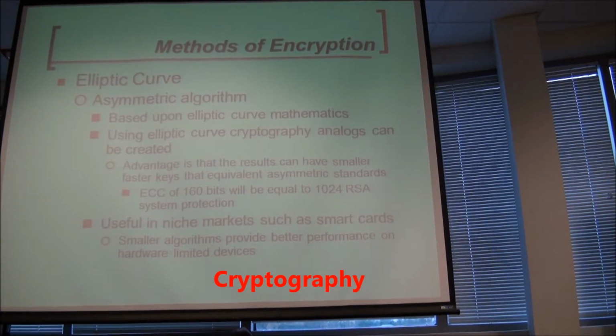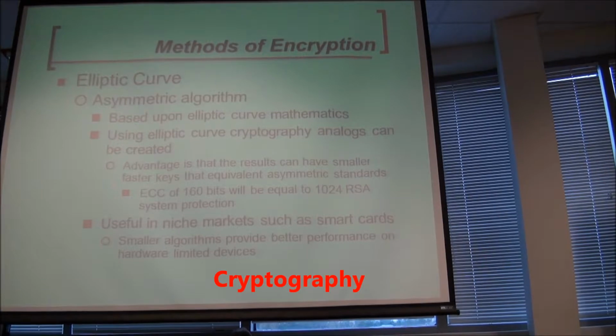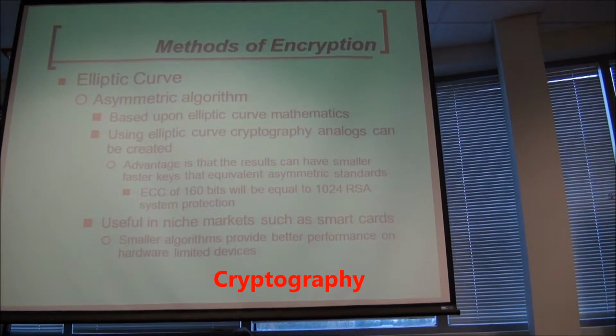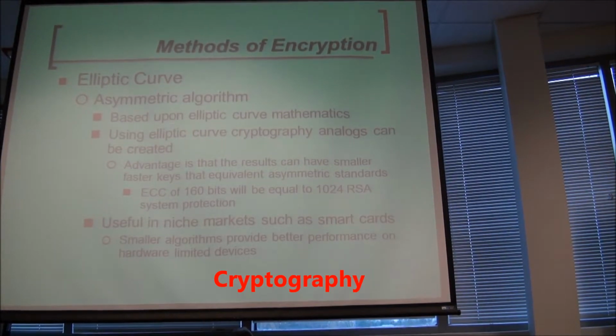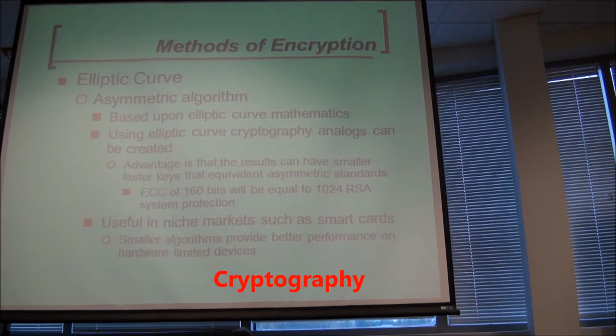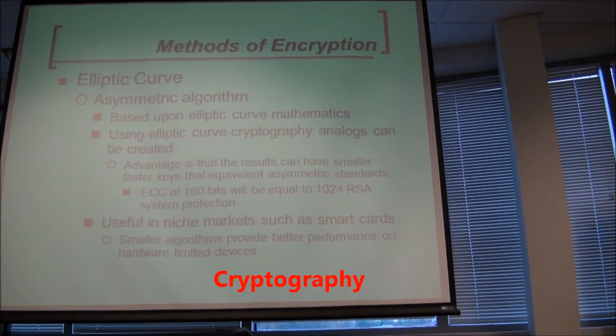This is based on elliptic curve mathematics. If you've ever used a program where it said wiggle your mouse around a bunch of times to generate your encryption key, TrueCrypt, for example.